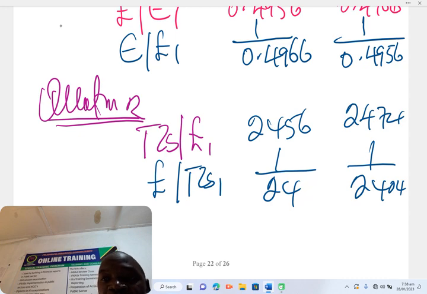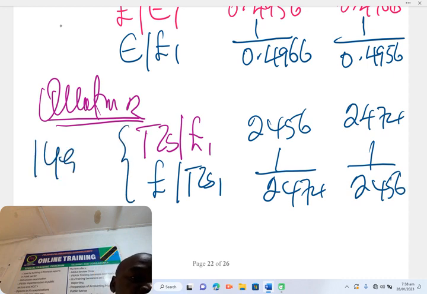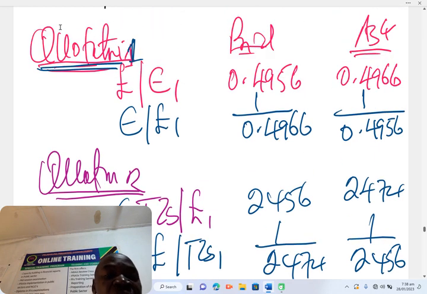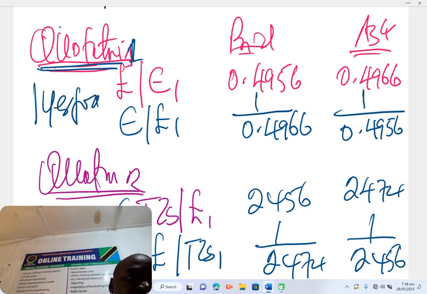So this is 24.74 and this 24.56. Sorry. We have to use the 1 year forward rate, and this one here also will be the 1 year forward rate. Am I clear?